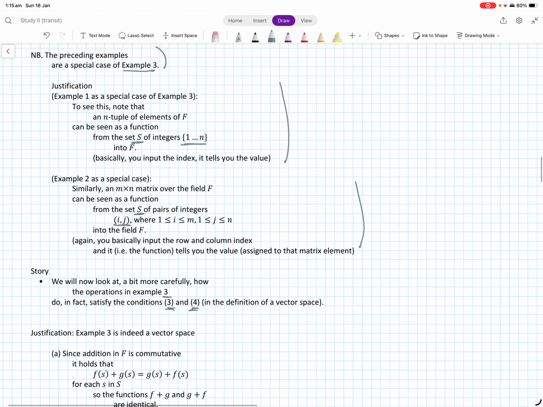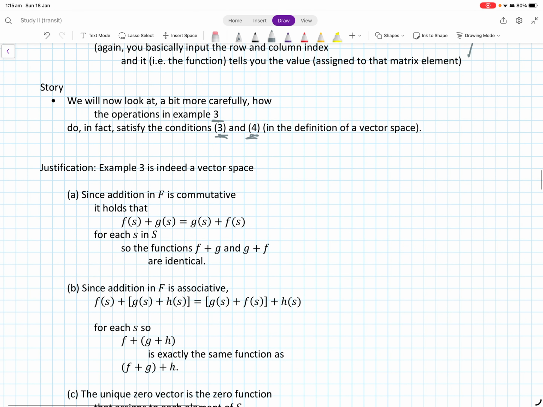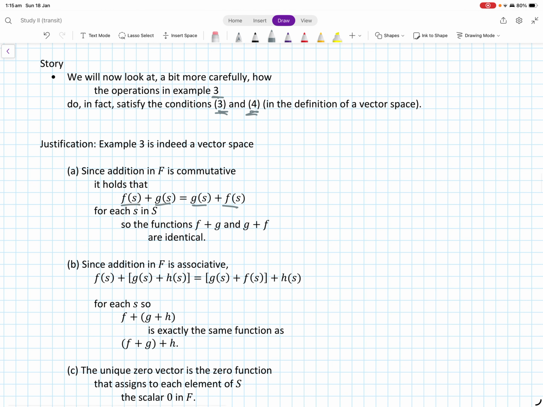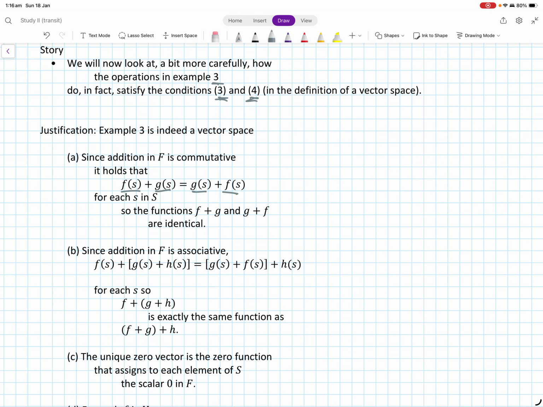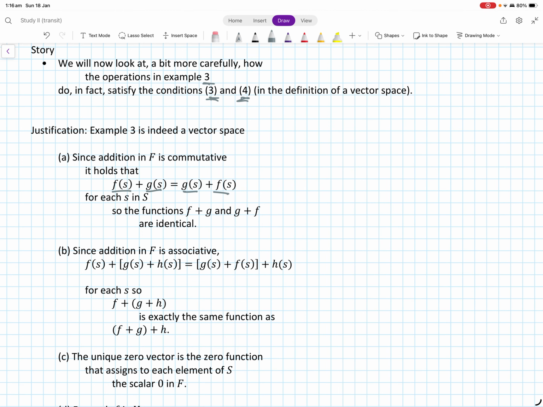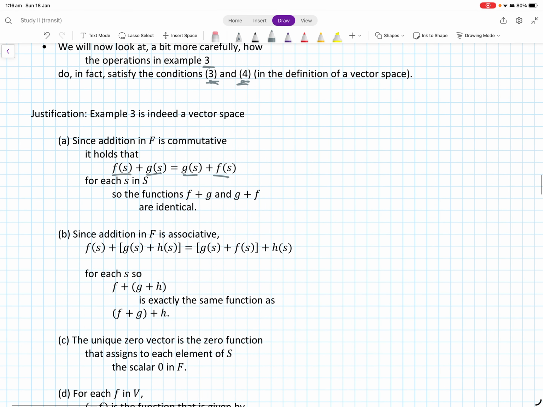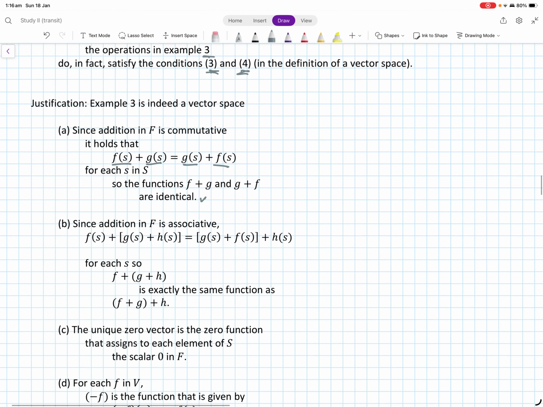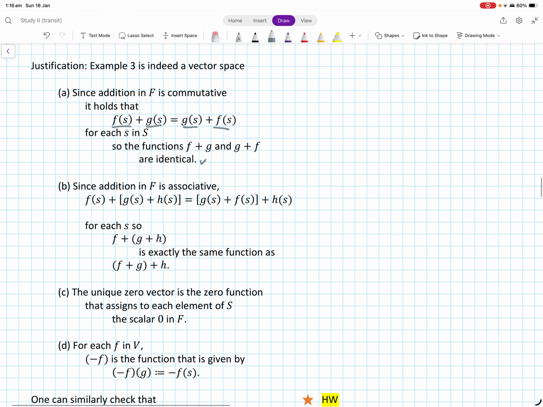Let's find out. Okay. So one property that we want to check is that f(s) plus g(s) is in fact the same as g(s) plus f(s), right? Component-wise, we know that it's a scalar being added, and scalars indeed satisfy commutativity, at least for addition and also for multiplication. And so therefore the operation that we defined using these as the underlying operation is also going to be commutative, right? So this part is okay. The second part is saying that addition is associative.